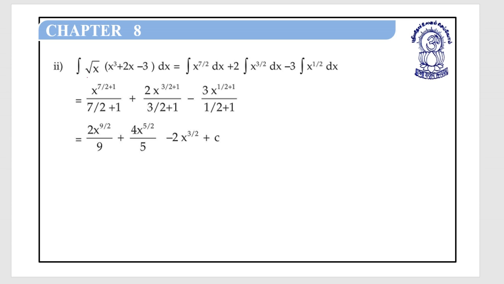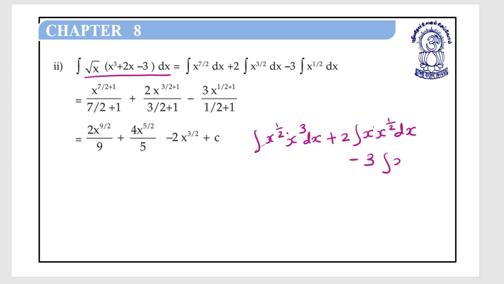Root x into x cube plus 2x minus 3 dx. Again, you can write the integration of root x as x raised to 1 by 2 multiplied with x cube, plus 2 integration of x into x raised to 1 by 2 dx, minus 3 integration of x raised to 1 by 2 dx.